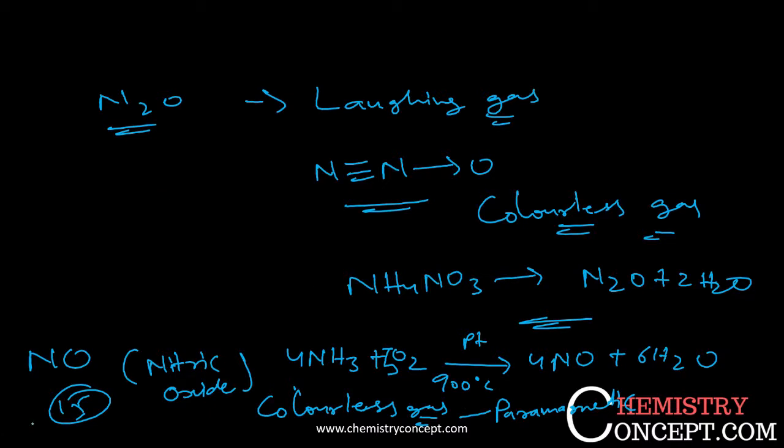Now we have NO2 next in the list. The structure of NO2 is like this, and this nitrogen has one lone electron.